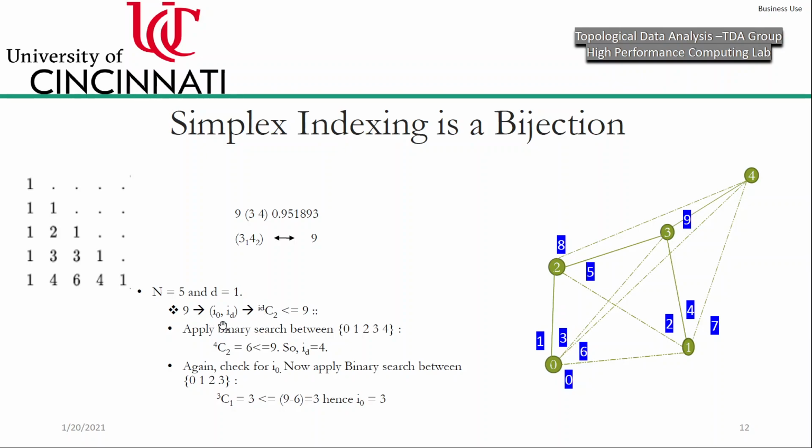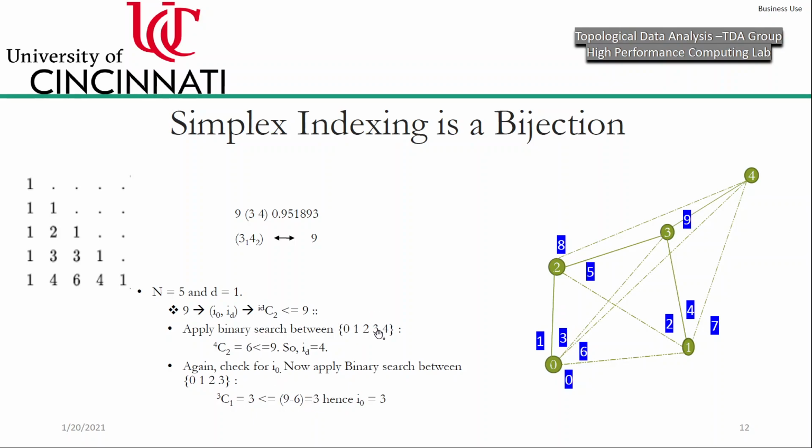To find the last index of the simplex, we choose ID such that this is maximized and is less than or equal to the index. So 4 choose 2 is 6, which is less than 9. So ID is 4. That is the maximum possible number. Then we check for I0, but we reduce the 6 from 9, so it is 3.